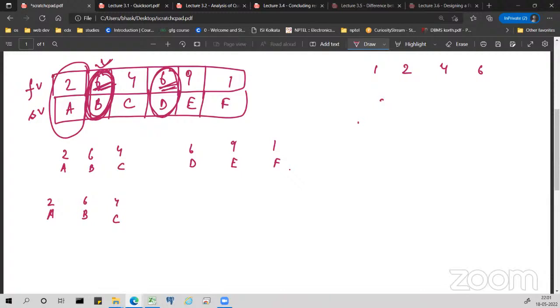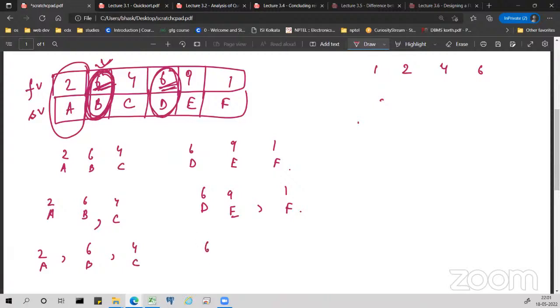Let me just do the iteration again. So 2A, 6B would be the second break, and over here 6D and 9E would be the second break along with 1F. Fine. What would be the third break? Now it would be broken totally: 2A, 6B, 4C.